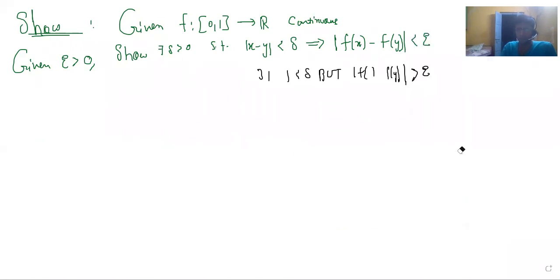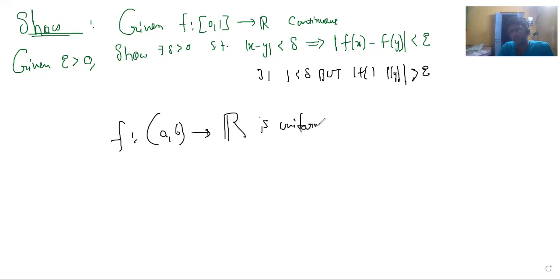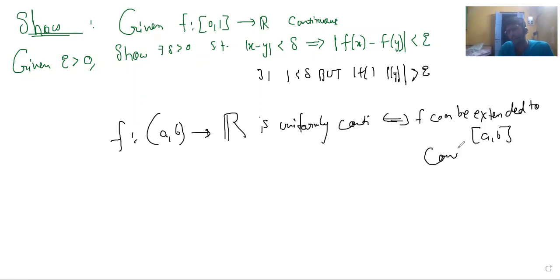You can think about this. f on this open interval (a, b) to R is uniformly continuous if and only if f can be extended to a continuous function on the closed interval [a, b] which agrees with this f on the open interval (a, b).